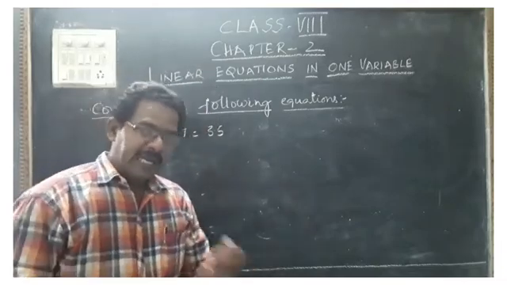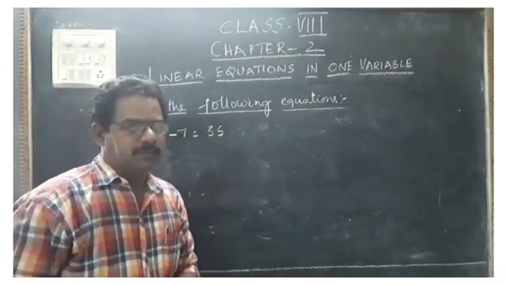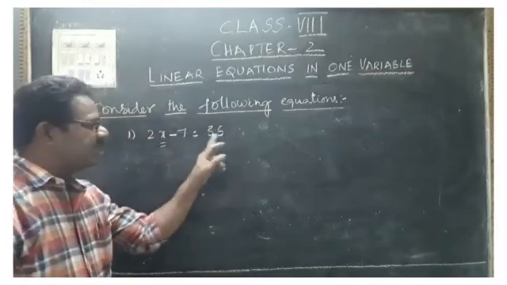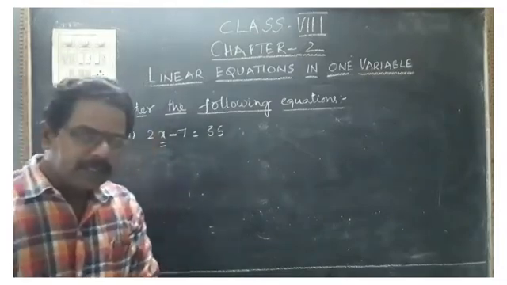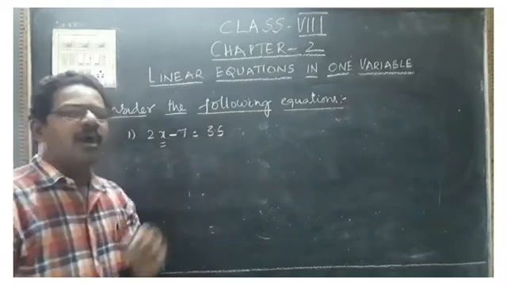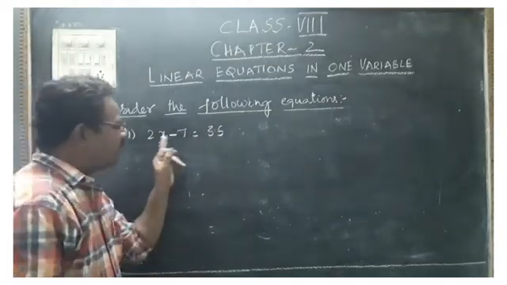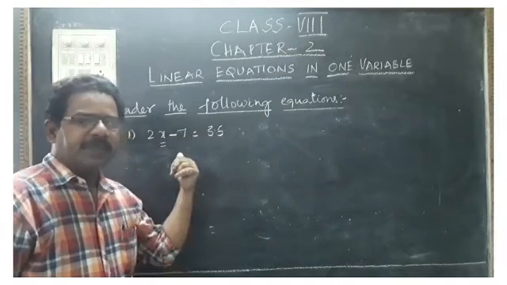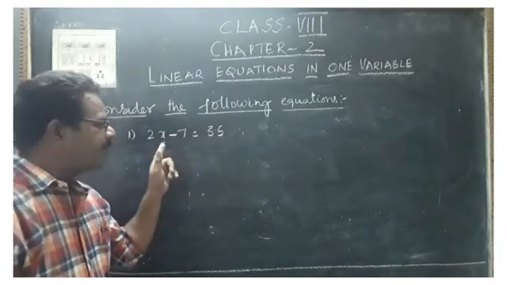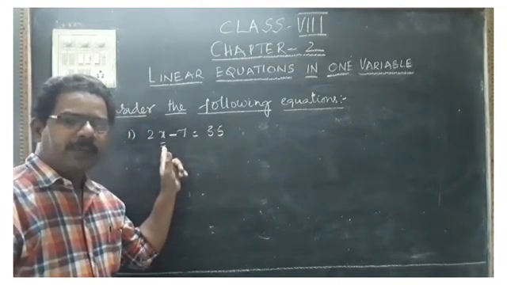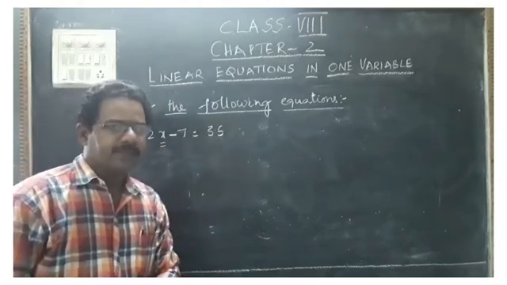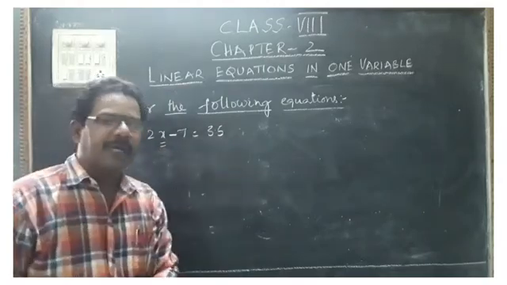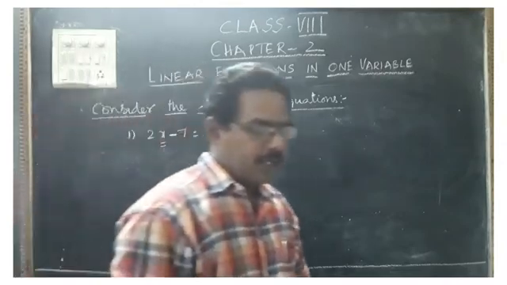Okay. Next, what to do? By taking the equation 2x minus 7 is equal to 35, we have to find the value of x. All remaining values we know except this variable. So we have to find the value of this variable x by solving the equation. I already told you we have different types of methods to solve equations.